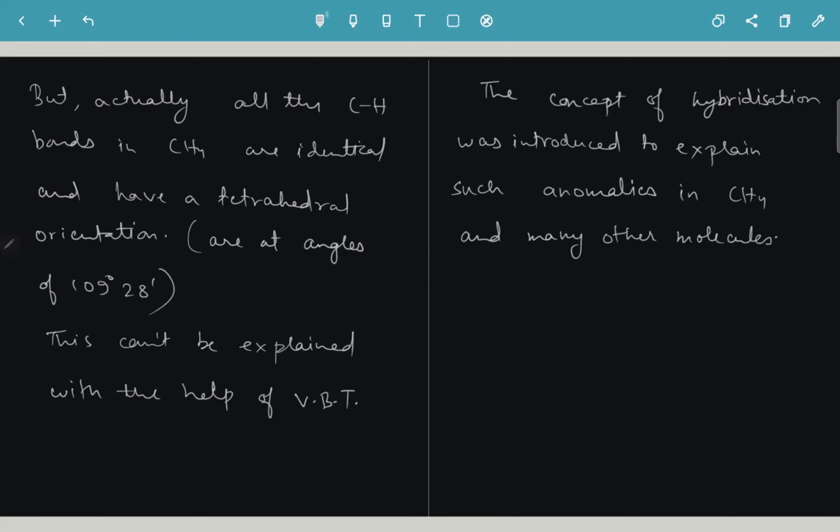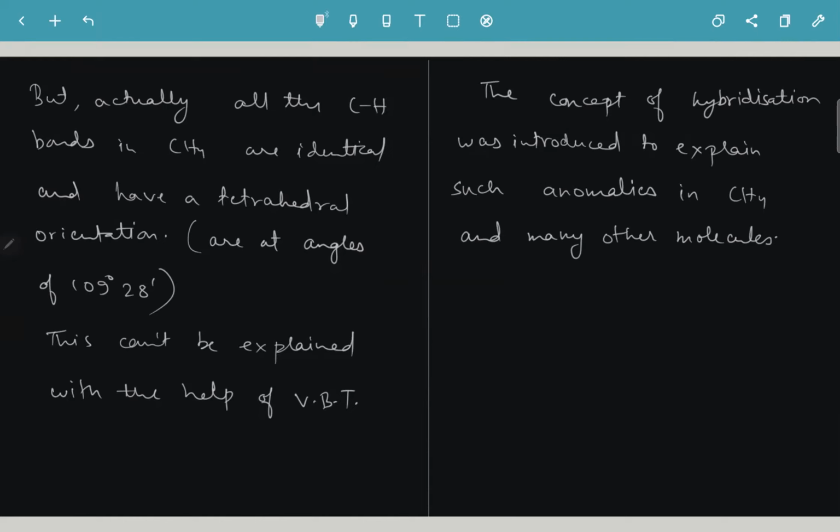Okay, so if we apply the valence bond theory concept on CH4, we will get 3 carbon-hydrogen bonds as stronger, formed due to sp overlap, and 1 carbon-hydrogen bond as weaker, formed by ss overlap. Okay, s orbitals are non-directional, so for the bond formed by ss overlap we cannot define an angle, but the 3 bonds formed due to sp overlaps will be perpendicular. As per valence bond theory, 3 bonds should be stronger, 1 bond should be weaker, and 3 bonds should be perpendicular to each other.